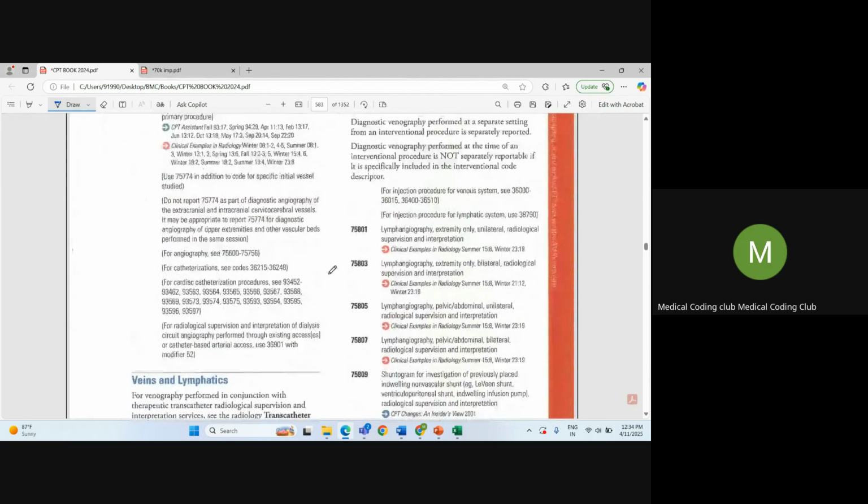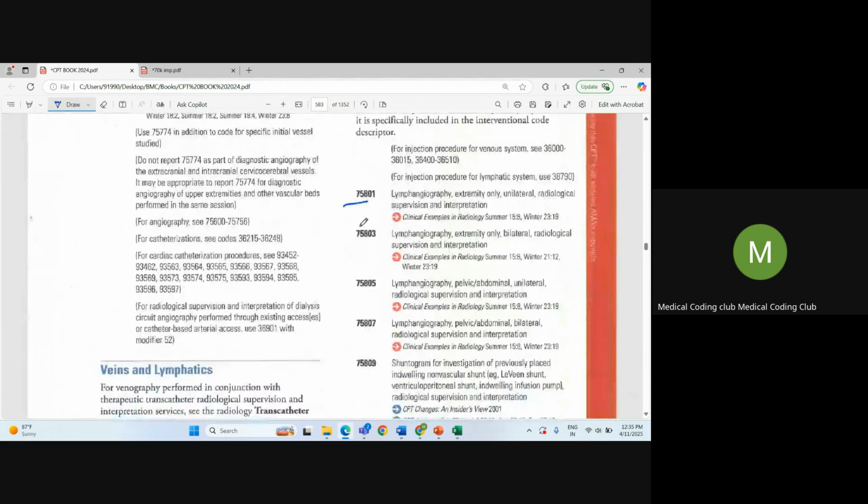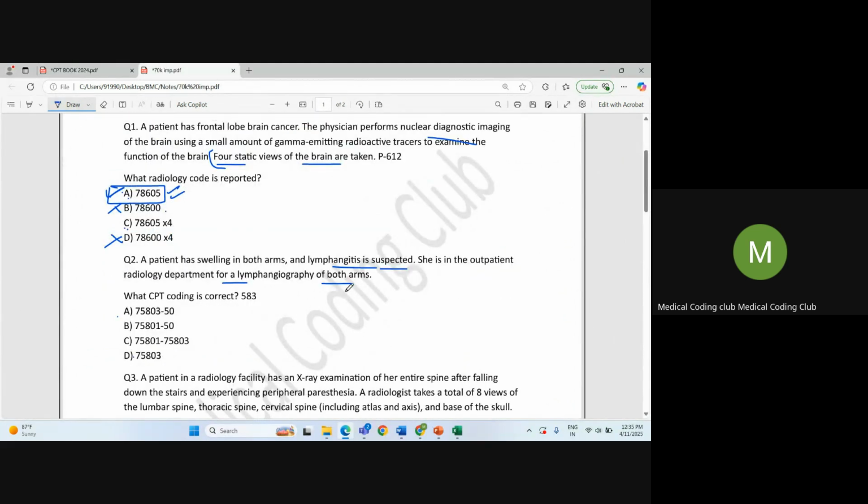Here is the lymphangiography procedure. 75801: lymphangiography, extremity only, unilateral, and 75803: lymphangiography, extremity only, bilateral. So we have a unilateral code and a bilateral code. In our question, lymphangiography was performed for both arms. That means it's a bilateral procedure.